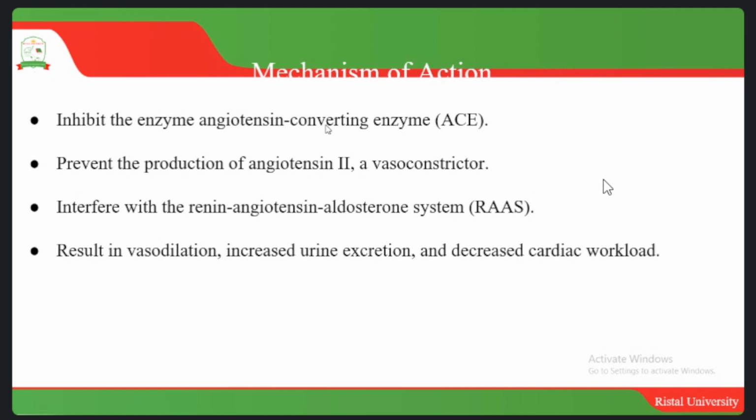Then when it interferes with them, it will promote vasodilatation of the blood vessels, increase urine excretion, and decrease cardiac workload.